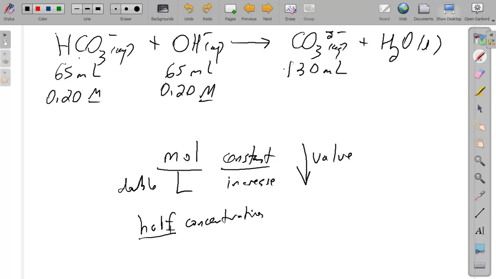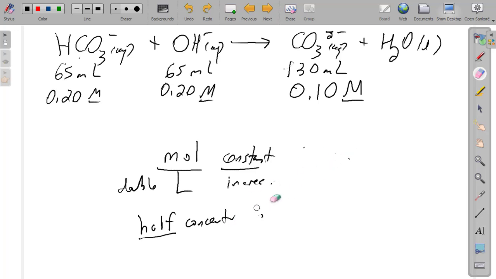So, again, what I'm saying here is that we doubled the volume with the same concentration for both solutions. If we doubled the volume, I apologize, then the concentration must be cut in half. Double the volume, half the concentration.